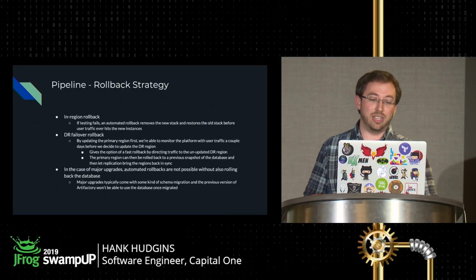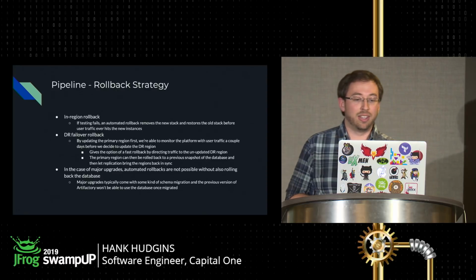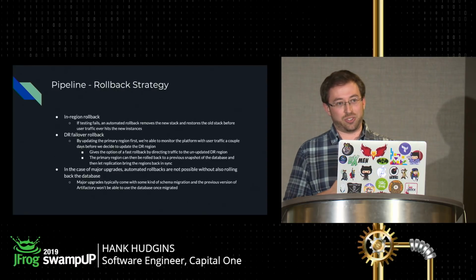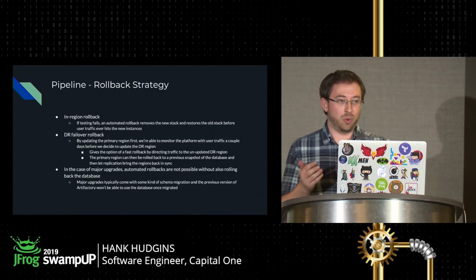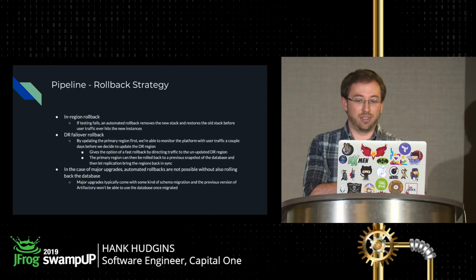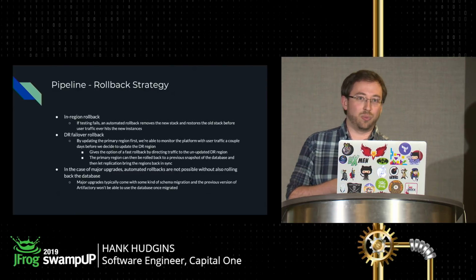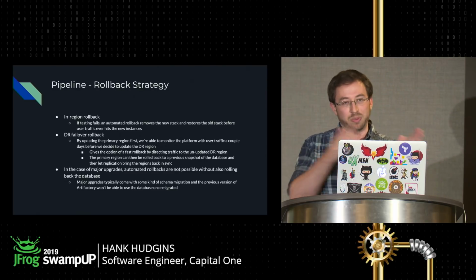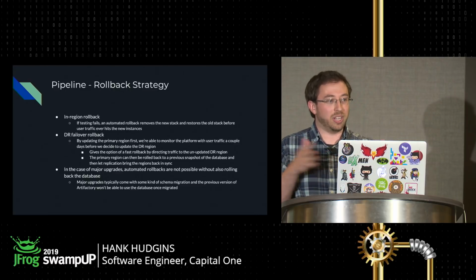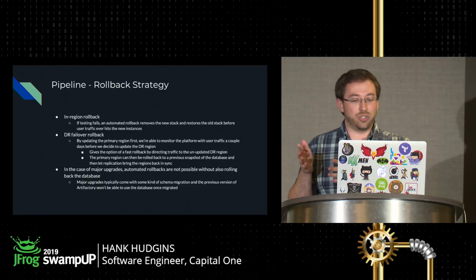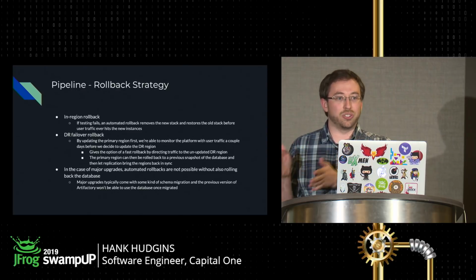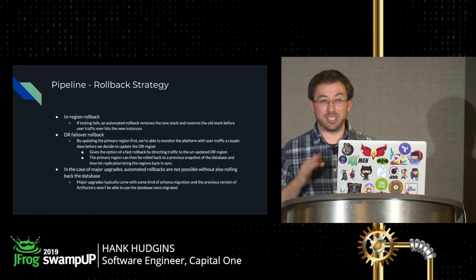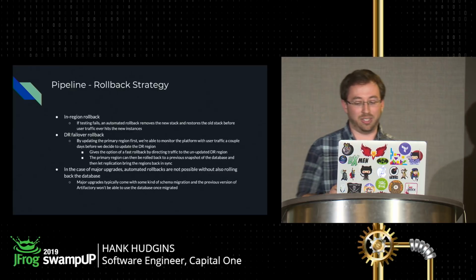We also have a DR failover rollback. This is more of a strategy in the way we're deploying. We deploy to our primary region first with users hitting our DR region. Once we flip user traffic back over to the primary region, we can monitor the system while users are hitting it and make sure we didn't miss anything that might be a little wonky.